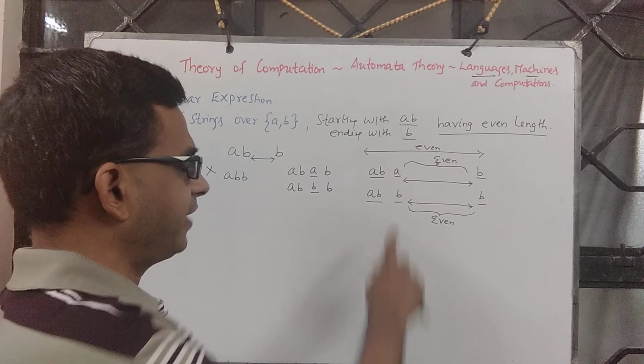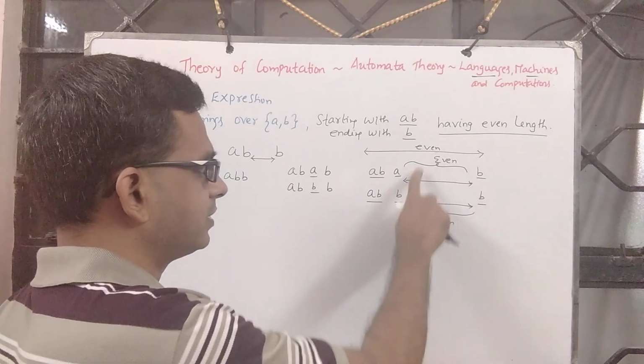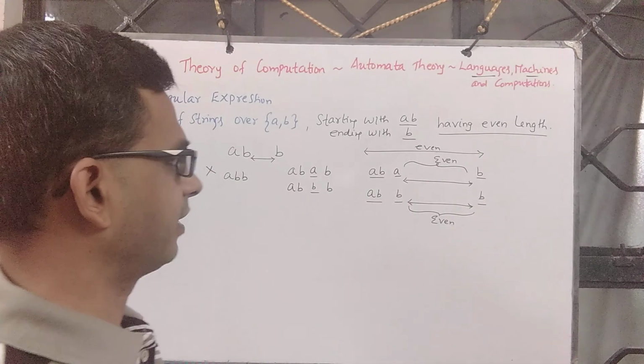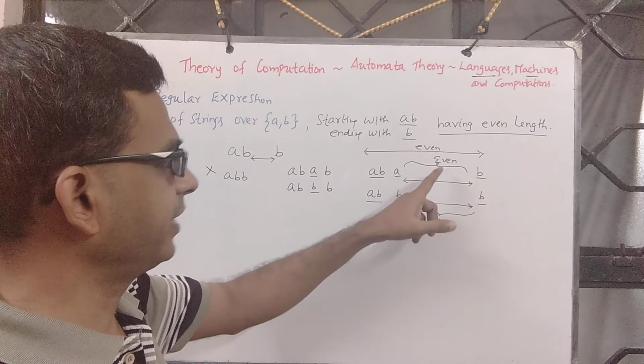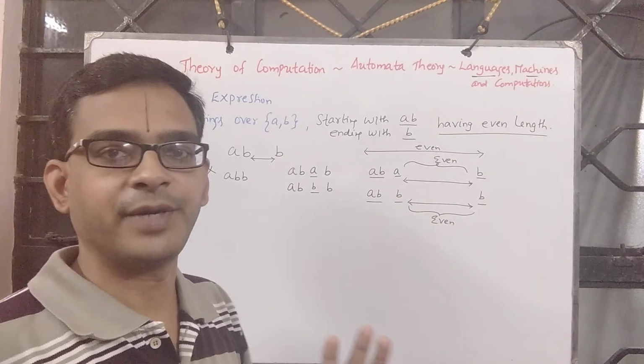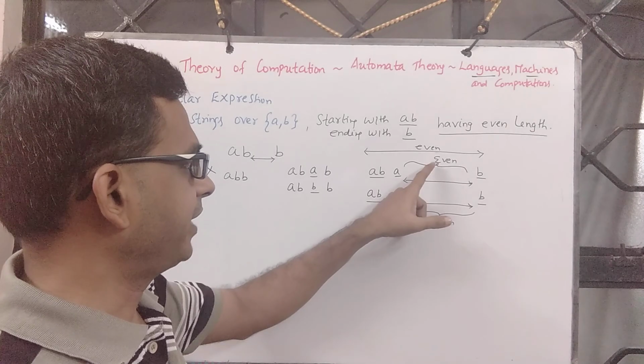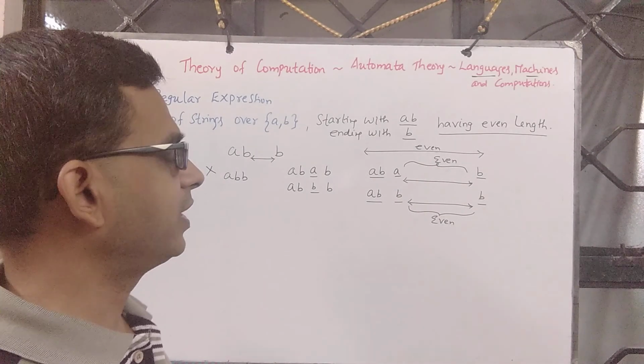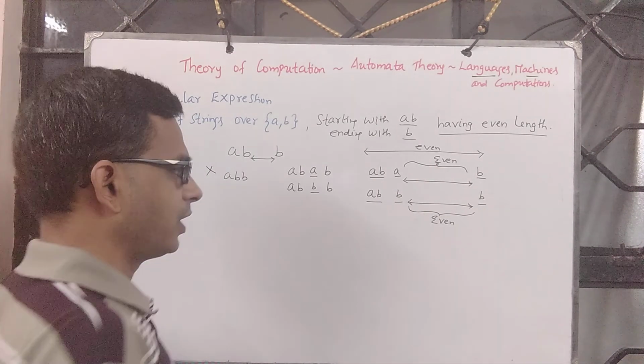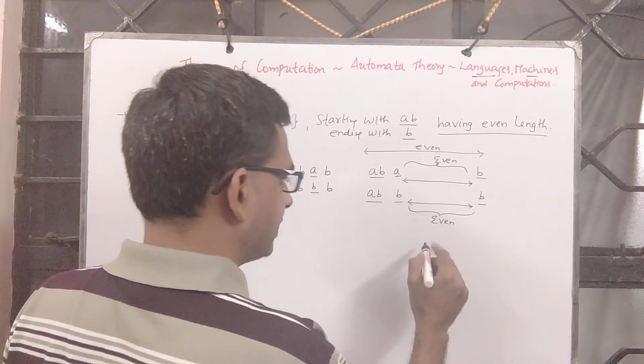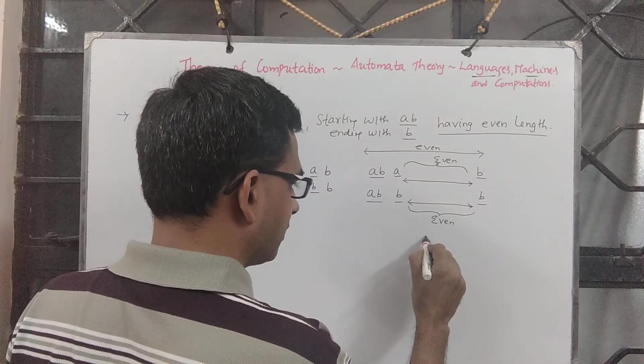But do we have any constraint on this? It could be any string. Any even length string over A comma B. The simplest string is a 2 length string.